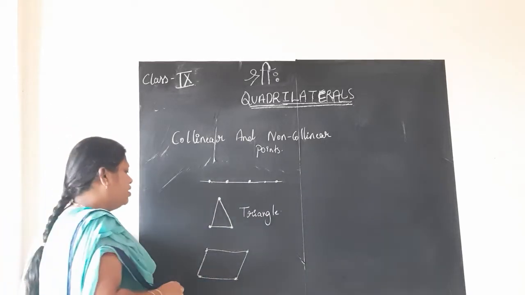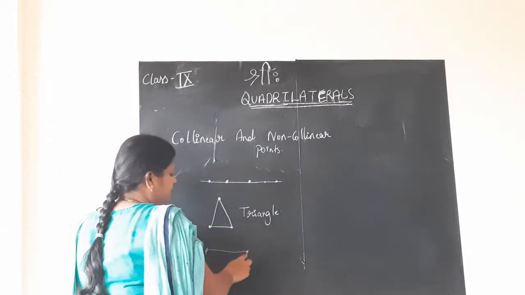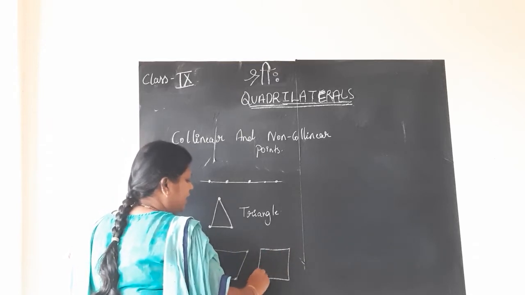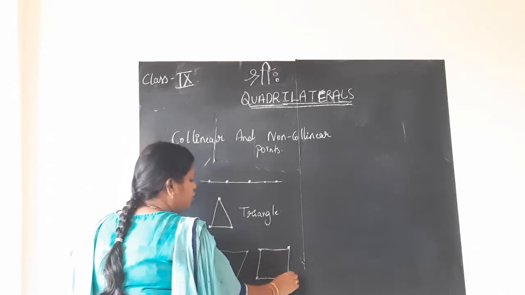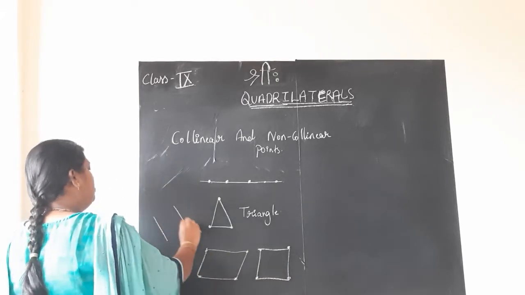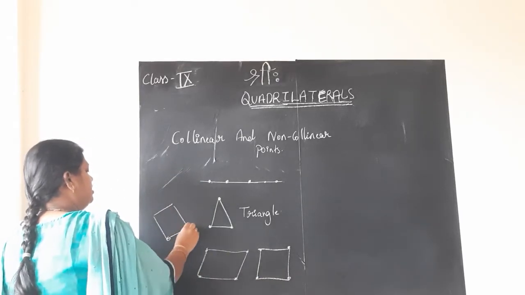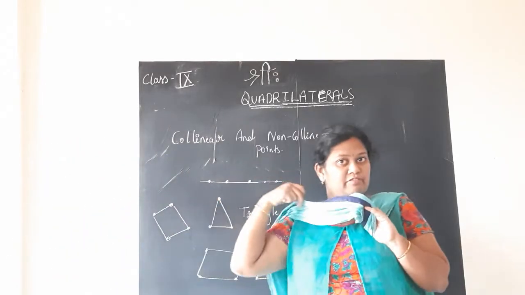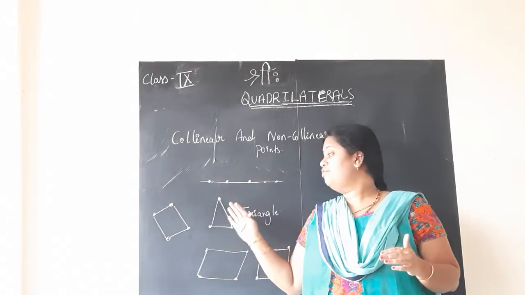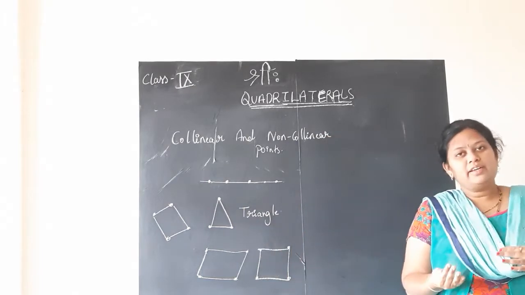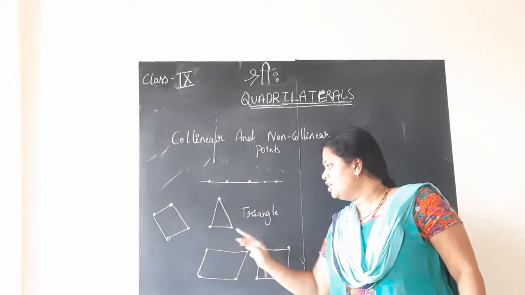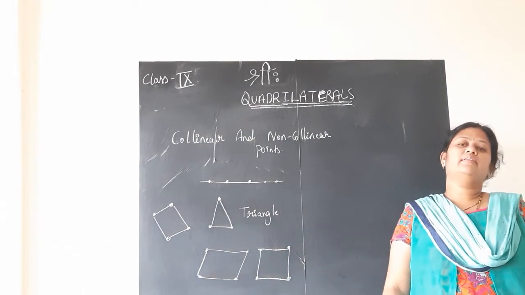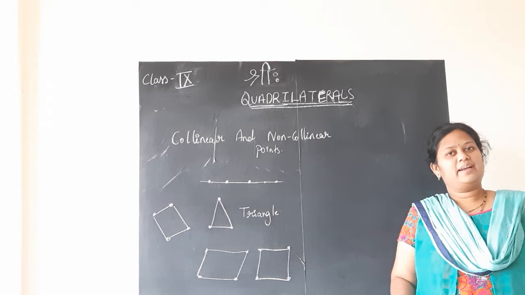You all know about a polygon. So, the figure which is obtained by joining any 4 non-collinear points, the shape or the figure you get by joining them, is called a quadrilateral.